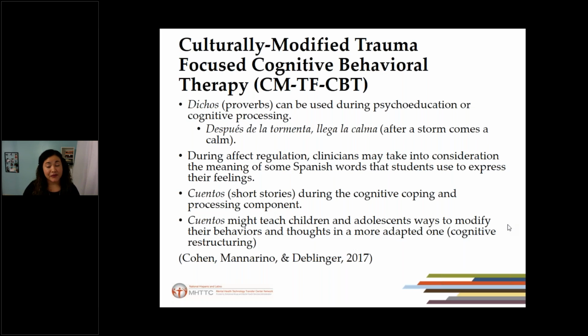So another of the things that we can incorporate in our culturally modified TF-CBT are the dichos, or sayings, and also cuentos, or short stories.